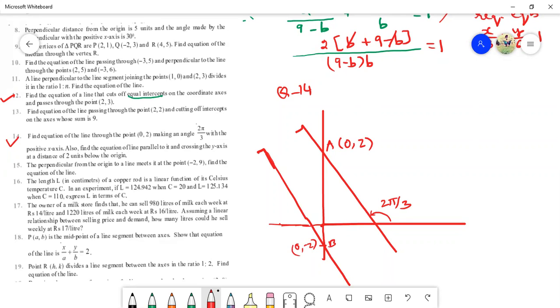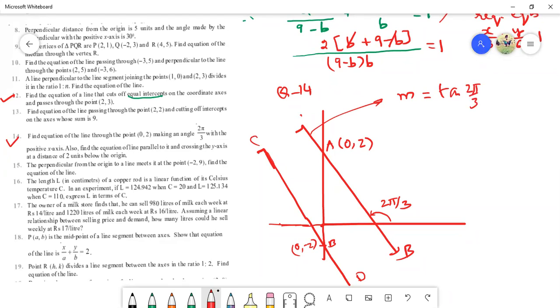To find the equation of this line, suppose this is your AB line and this is your CD line. So find the equation of the line CD. First of all, we will find the equation of line AB because it is making an angle of 2 pi by 3, so its gradient m will be equal to tan 2 pi by 3.